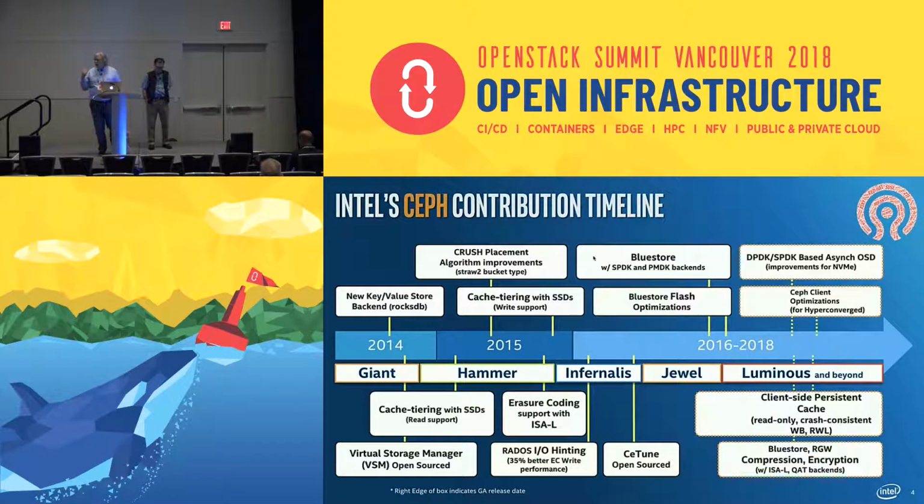The pattern here, obviously, is we try to make Ceph go really, really well on Intel platforms, but in general, that pretty much means any platform. Most of the work we do is all upstreamed, all in the open, and good for everyone in the community.